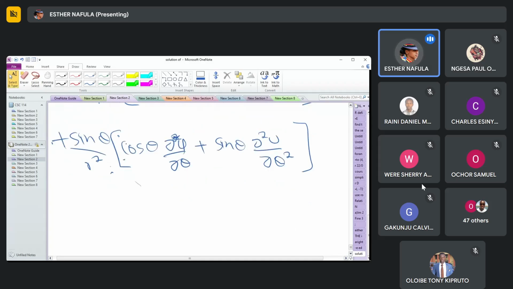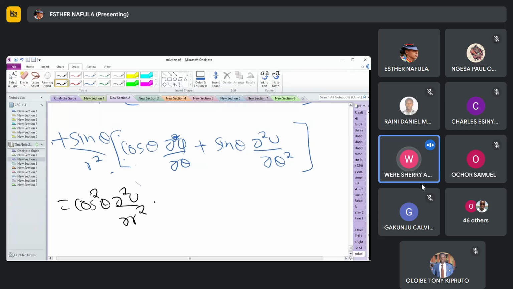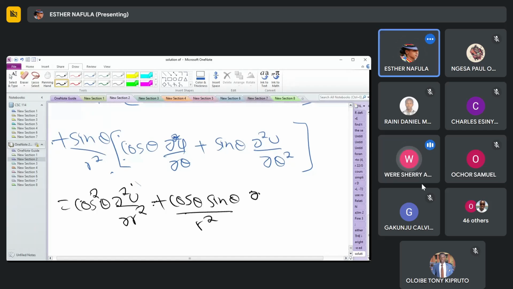The first term is cos squared theta partial squared u partial r squared. The next term, plus cos theta sin theta over r squared, partial u partial theta.